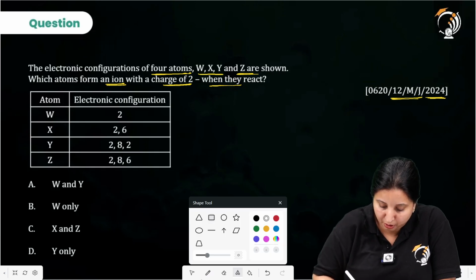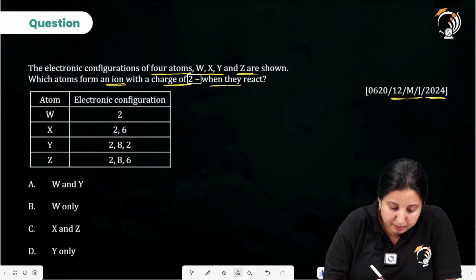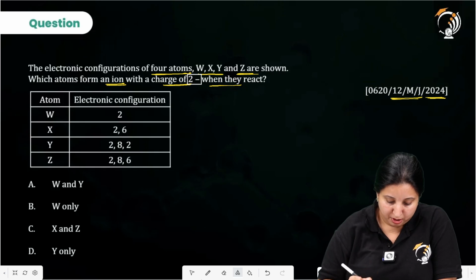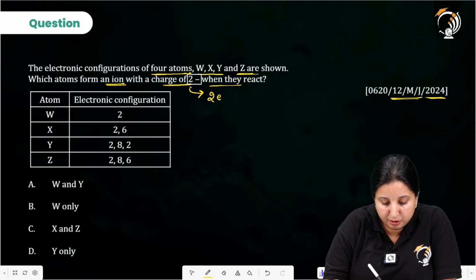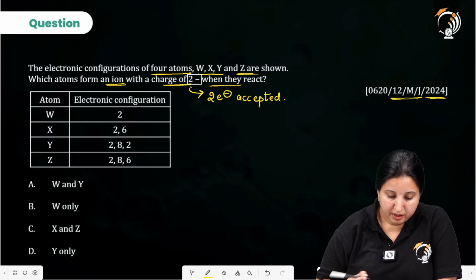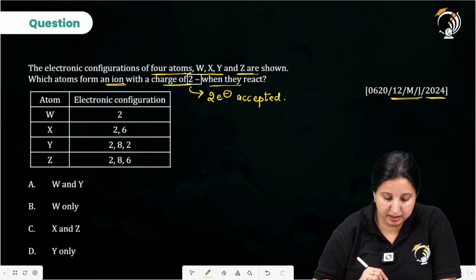Now look, basically do not get confused over here. We are given this 2 minus charge. Okay, 2 minus charge means what? That 2 electrons are accepted, isn't it? So when it is going to be able to accept the 2 electrons, when it is going to have the 6 electrons, because it wants to complete its octet. So we have to see which atom forms an ion with a charge of 2 minus.